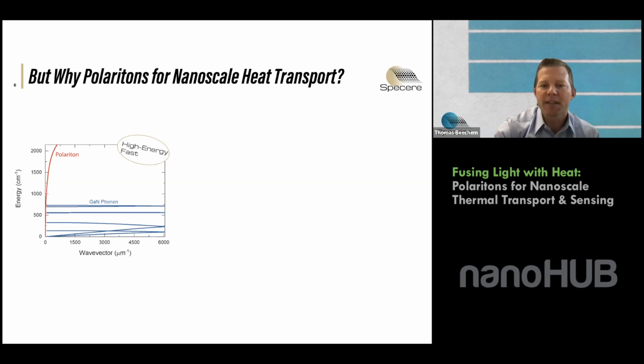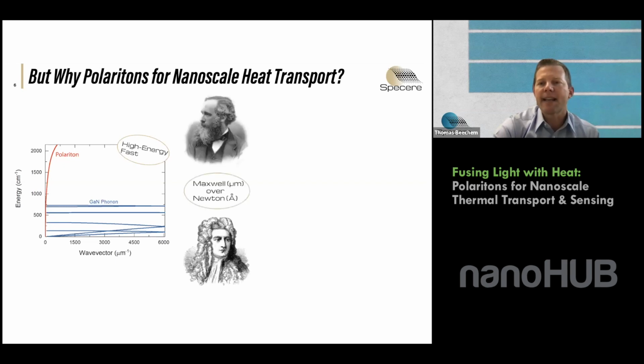That's good for transport. But really the thing that gets me most excited is when we think about what the constitutive relationships are for controlling these quantum energy particles. And so I like to think of it as Maxwell looming over Newton. Let me explain what I mean by that. Newton is really F equals ma, of course. And that's really what a phonon dispersion comes from.